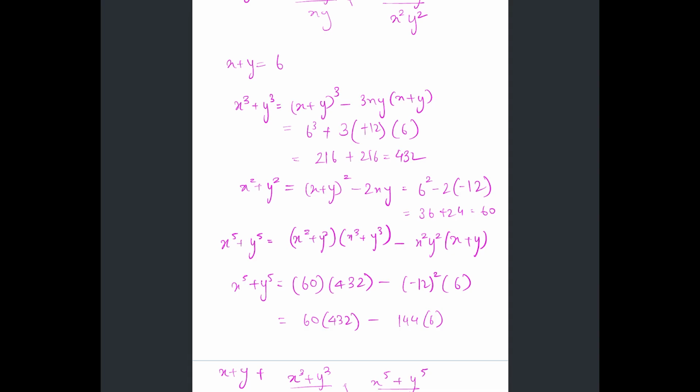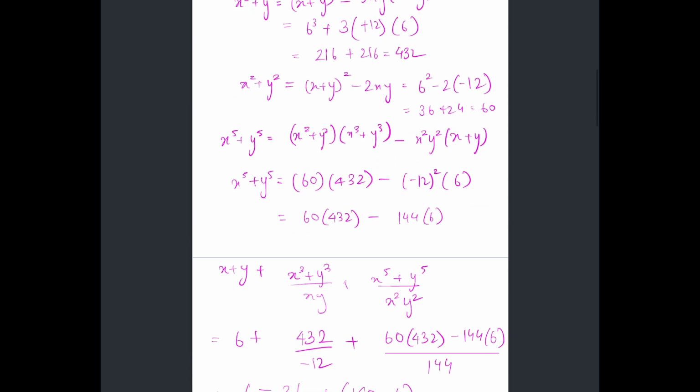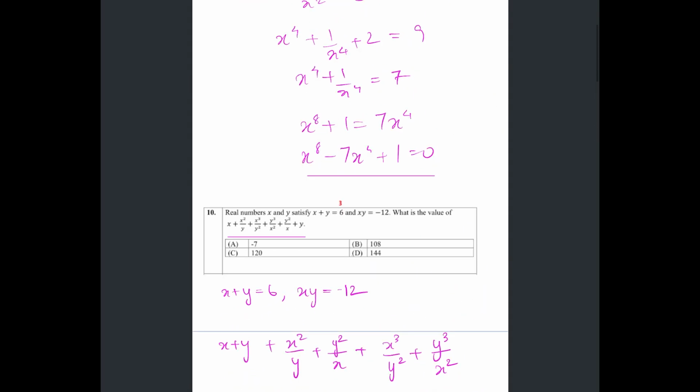So this comes out to be 6 minus 36 plus 180 minus 6, right? So which gives us 144. So the answer is option D, 144.